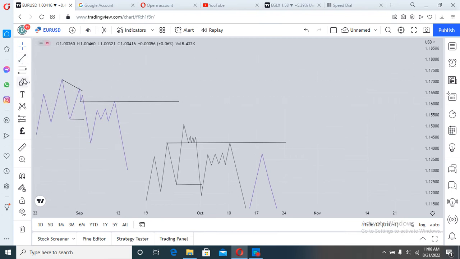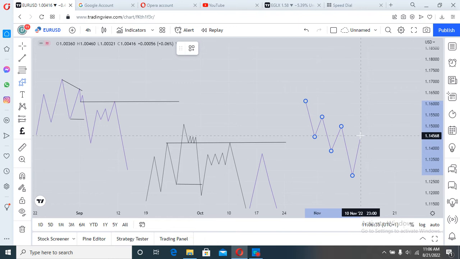Now I've seen most traders mistake this for a shift in market structure, like they are seeing this here, this here, this here, and then they see this, something like this.